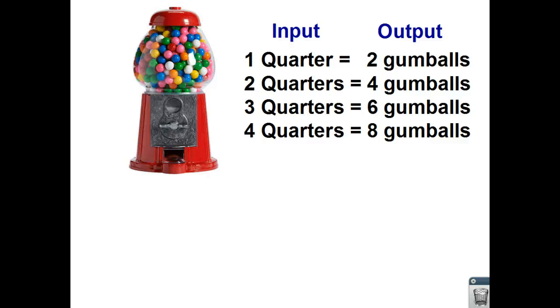And if you think about a gumball machine and you have a quarter and you put 1 quarter in the machine, that's your input. You put it in the machine. It will give you an output of 2 gumballs. Pretty good deal. 25 cents, you get 2 gumballs.